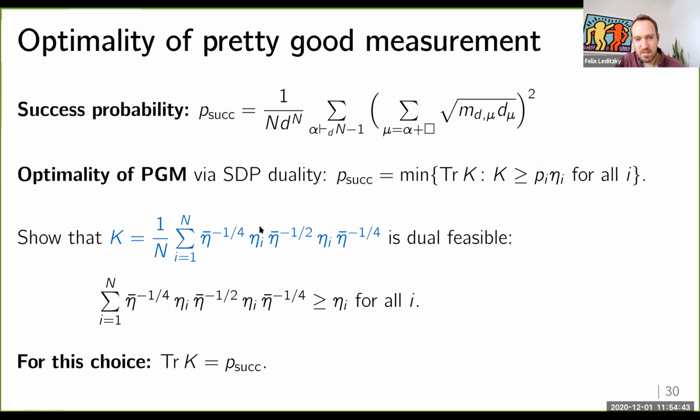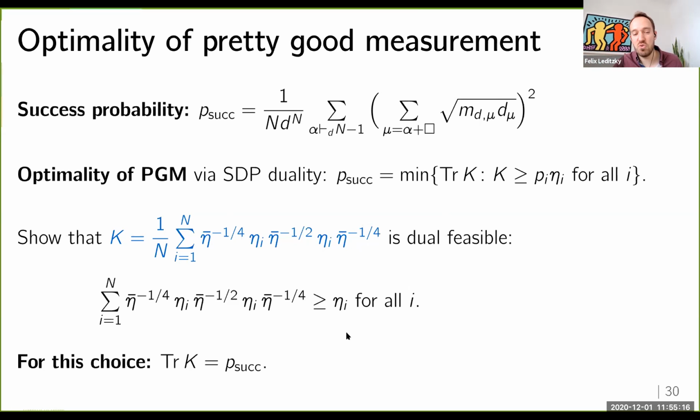This operator K looks a little weird, but it's literally taking the success probability from before and forgetting the trace, because we do take the trace afterwards. So we are guaranteed that by construction, this will have the same trace. All that is left is to prove that this is greater in the positive semidefinite order than the states that I want to distinguish, which reduces to this relation here.